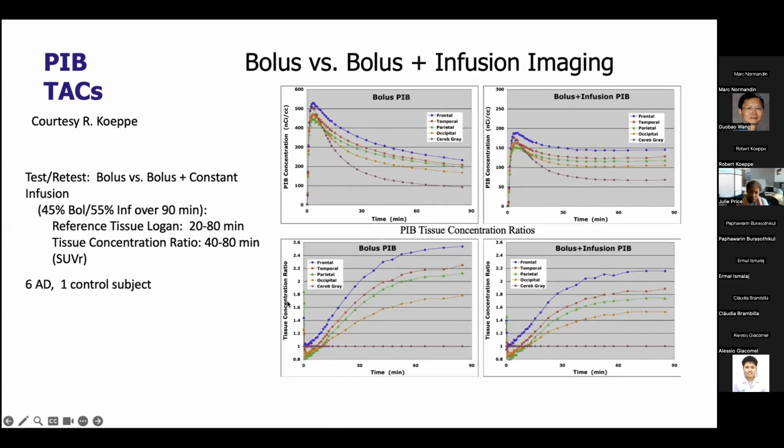And these are the PIB concentration and the tissue concentration ratios. I showed you what bolus looks like, but then you can really see how bolus plus infusion flattens out.